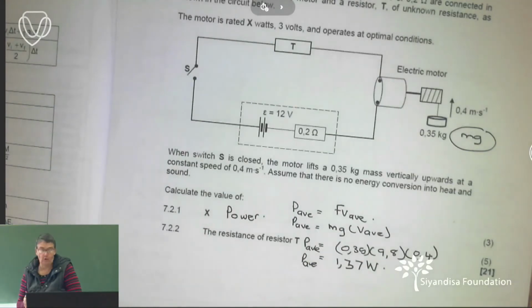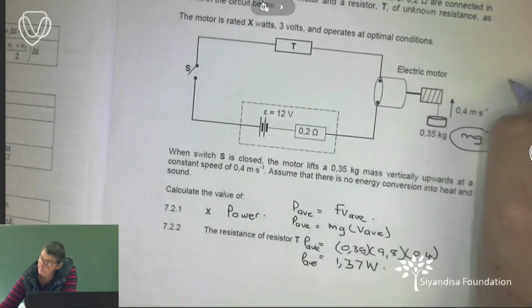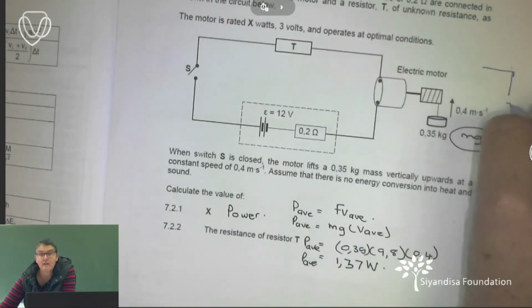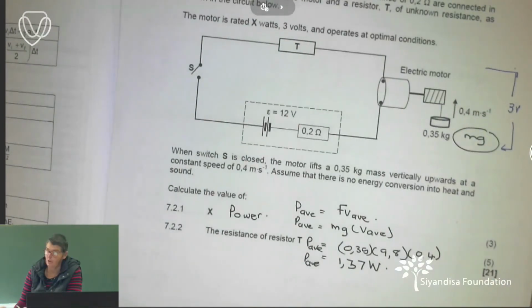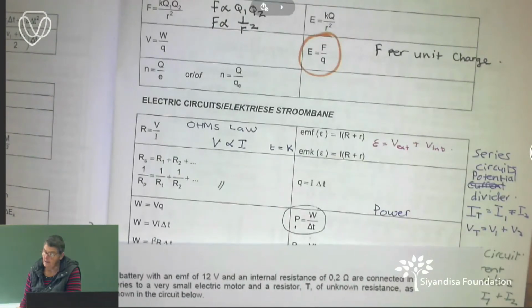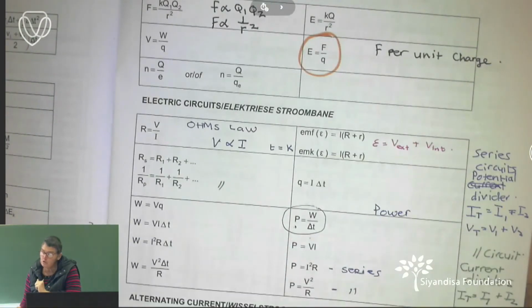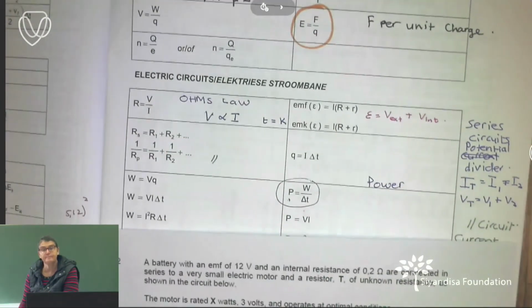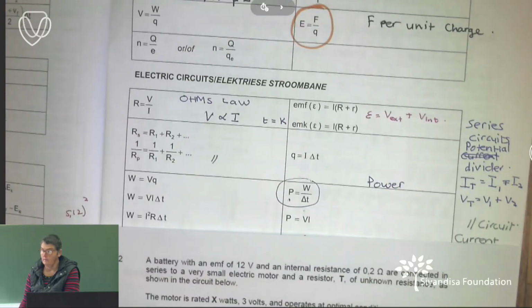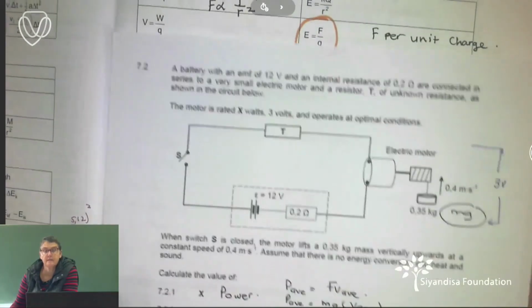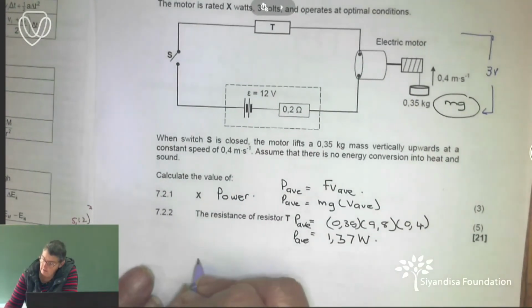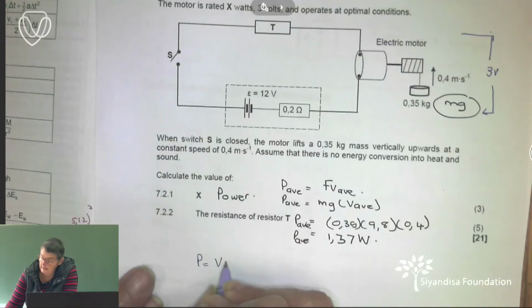Remember, I have the voltage over here. The voltage of the motor, they told us, was 3 volts. So what I would do is use this formula: P is equal to VI. So my power is equal to VI.